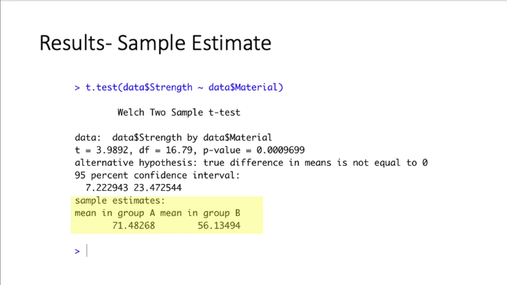And this test will also output our estimated means, which are the same values we saw in our data sheet before, which is just a good way to check that you imported the correct data and you are running R and coding it correctly.